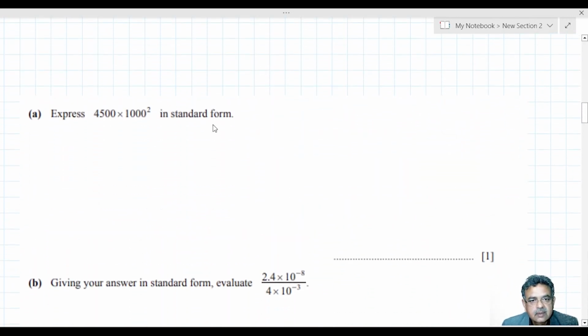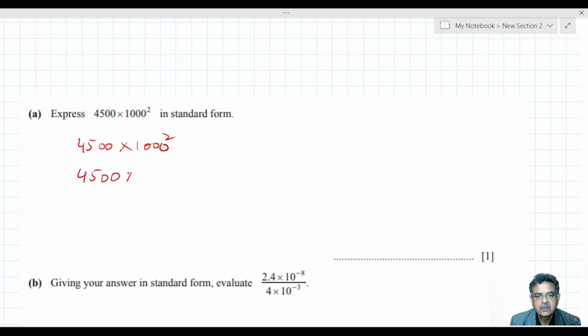Next question, 4500 multiplied by 1000 square. When this type of number like 10 or 100 or 1000 or 10,000, one with a number of zeros, is squared or has any other power, then the number of zeros multiplied by the power, that many zeros will be there.